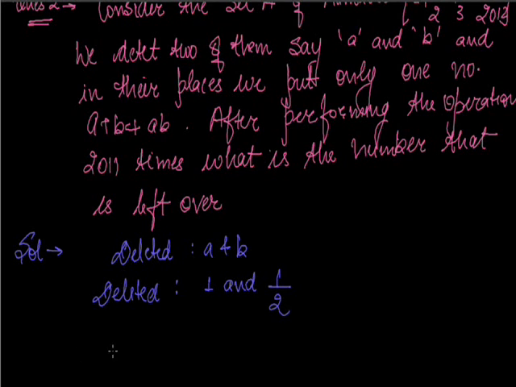Since we deleted them, we have to replace them with A plus B plus AB, where A is 1, B is 1 by 2, and AB is 1 into 1 by 2, which is 1 by 2.